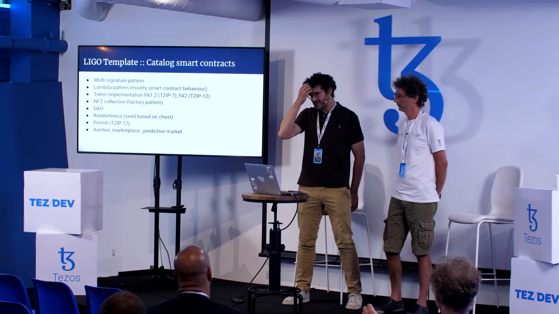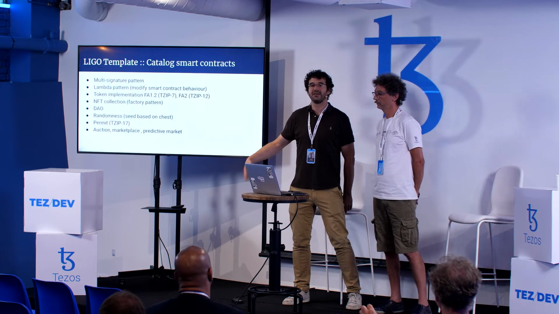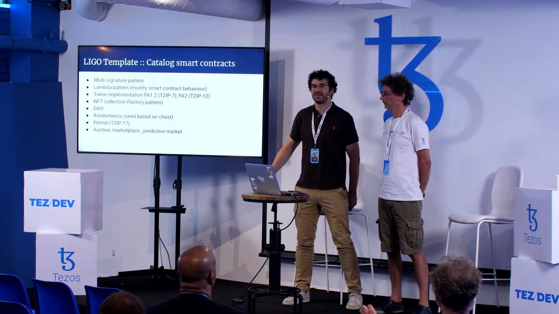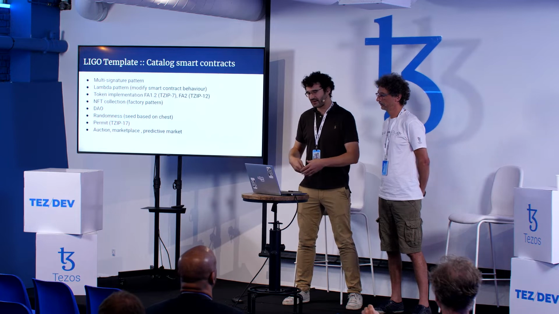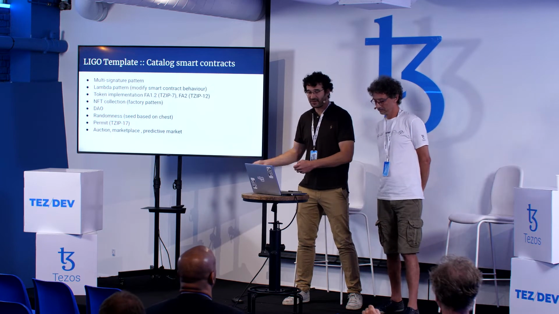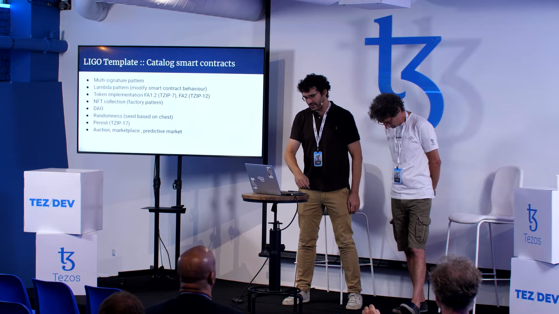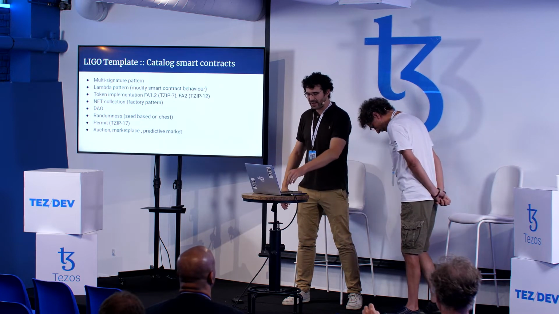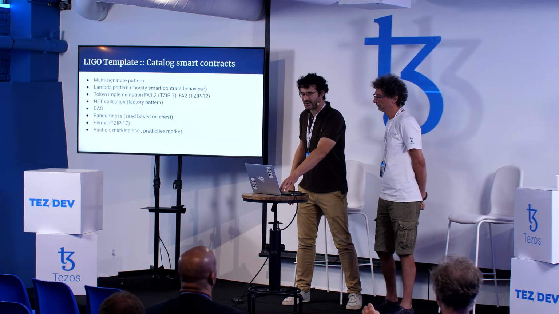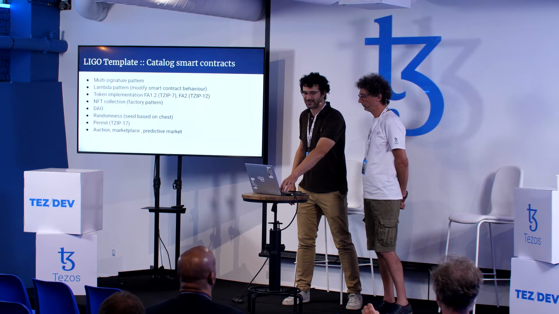Permits, TZIP-17, to have a gas fee paid by someone else, where you delegate the gas fee payment. And other contracts like an auction marketplace or betting and predictive market smart contracts.